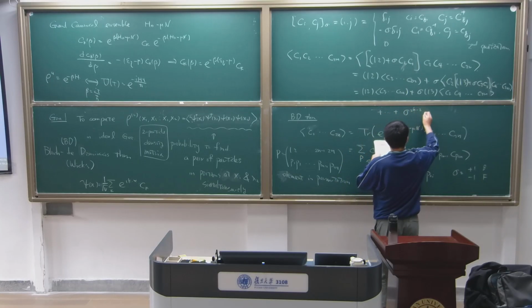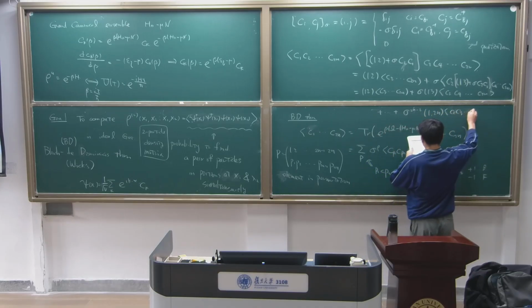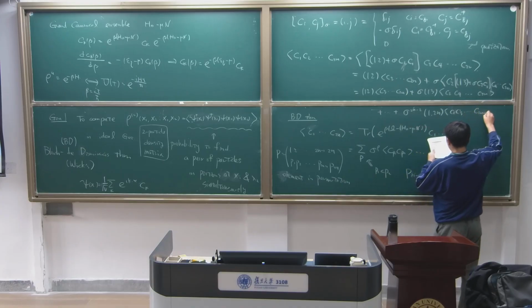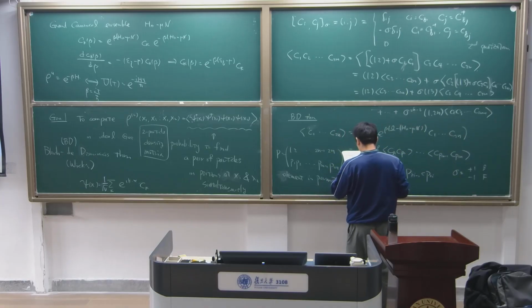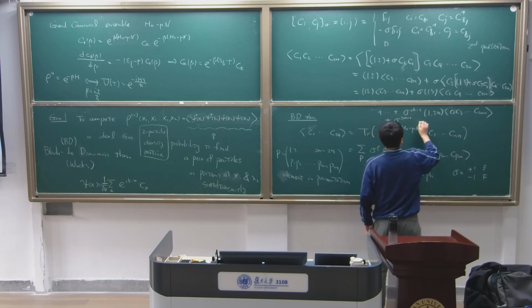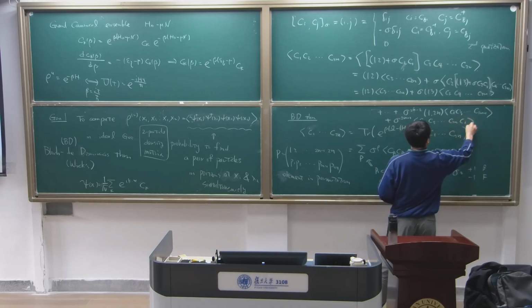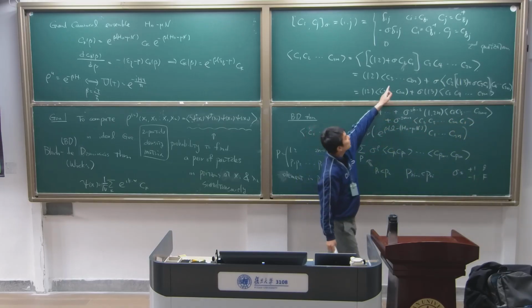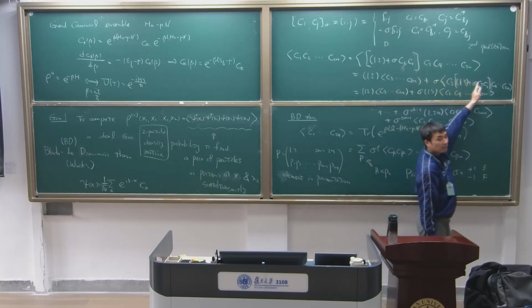Sigma to the 2n. So if you do that repeatedly, you can get it like this way, then C3 up to C2n minus 1. And the last term is C2n minus 1, C2, C3, C2, and C1. So you just move this C1 to the right by just using the commutation relation.